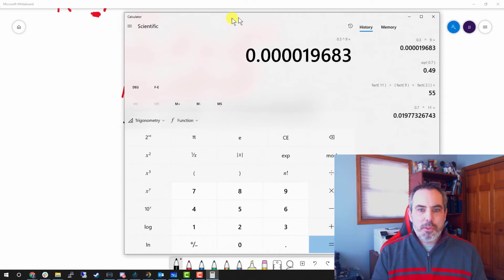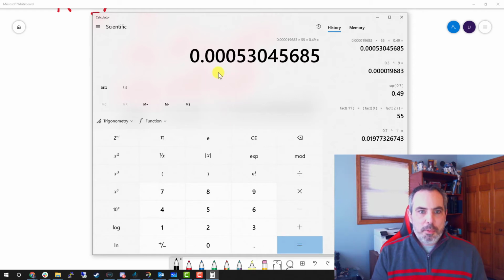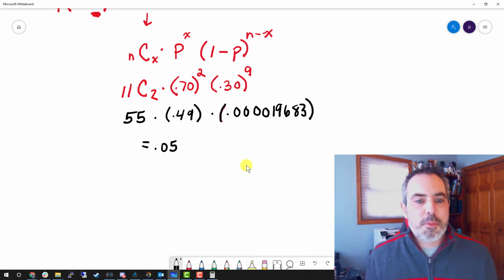So let's throw those together. This times 55 times 0.49 says that the probability that exactly 2 insects die is going to be 0.0005, or there is a 0.05% chance that 2 insects die in this problem.